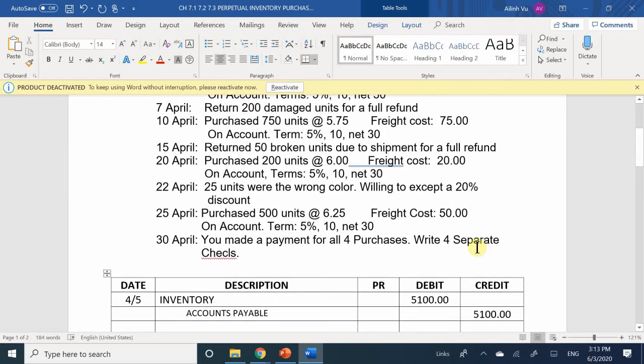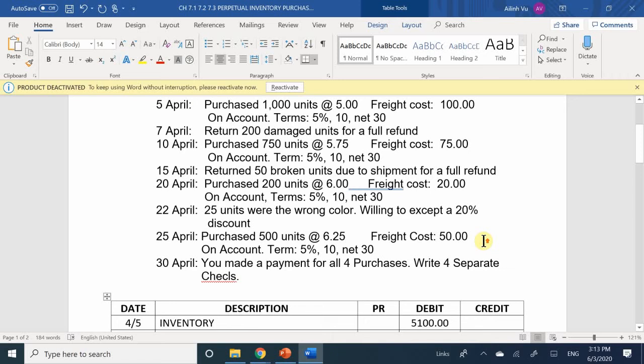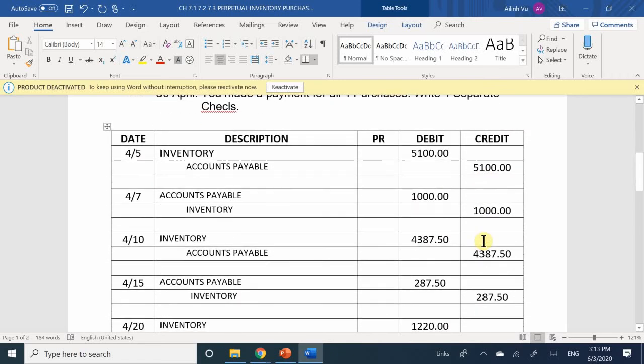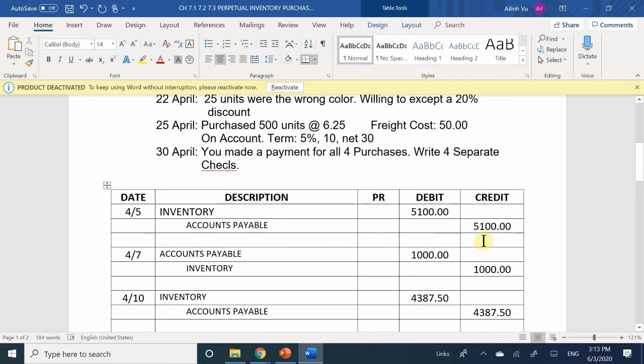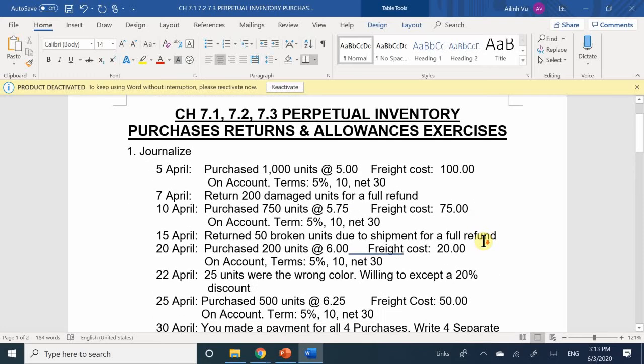All right. Now, lastly, what happened on the 30th? Made a payment with four separate checks. So when we look back in our journal, we notice that we increased our inventory about 4 times.